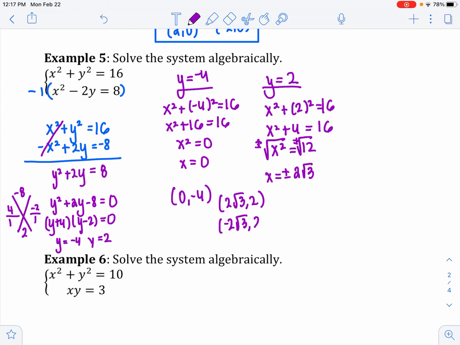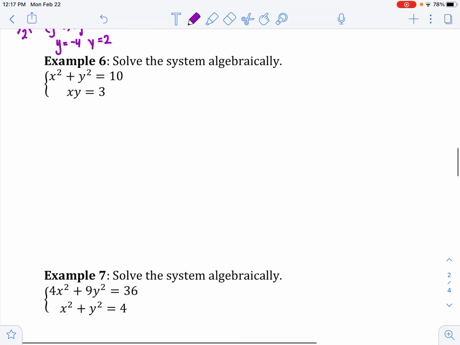So I get 2 more points from this. I get 2 root 3 comma 2, and -2 root 3 comma 2. But most people just end up writing it as plus or minus 2 root 3 comma 2. And you still have 3 solutions, though.